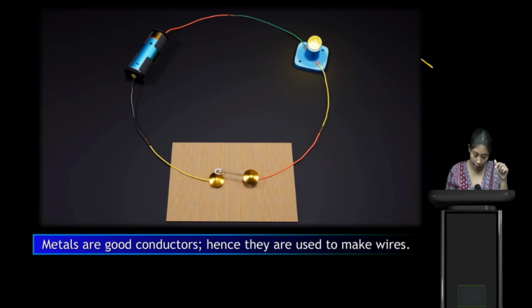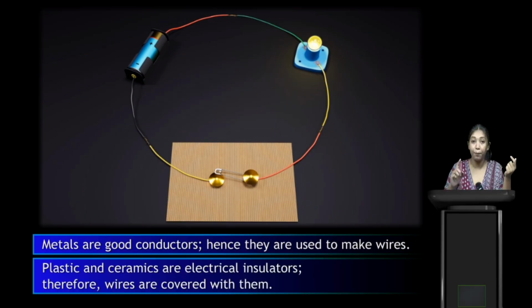So since metal is a good conductor, we use metal to make wires. And plastic, ceramics or rubber, since they are good insulators, that's why wires are covered with them.